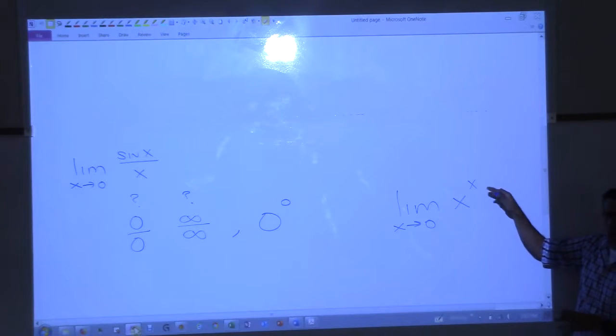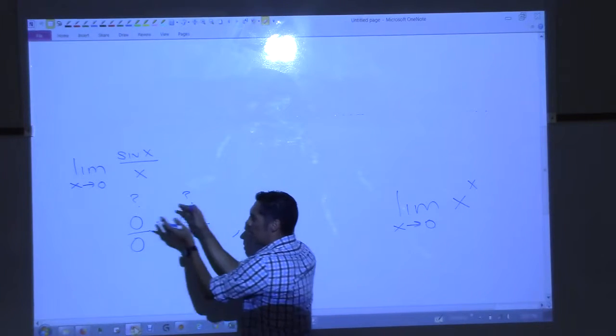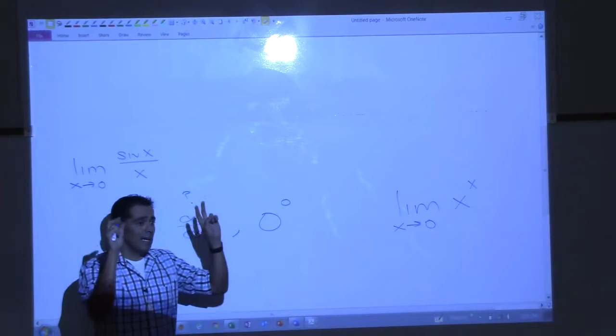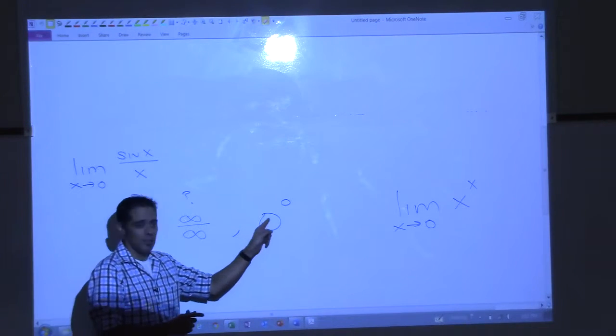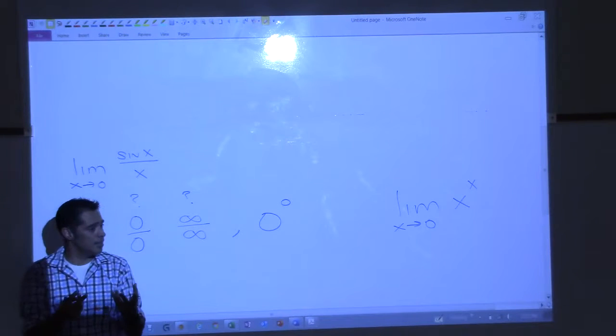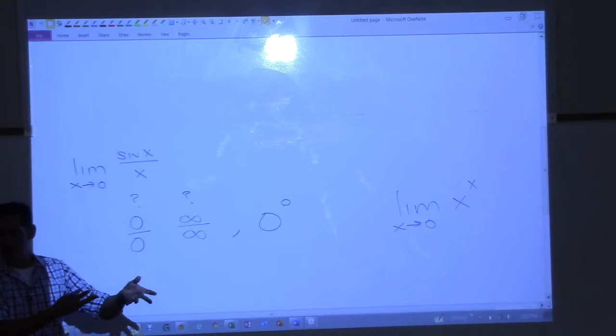So I'm saying in the limit, if you ever get this expression, then we have indeterminate forms. I just don't want you to walk away from this thinking that I'm telling you that 0 to the 0 actually means something. It doesn't. It's in the limit.